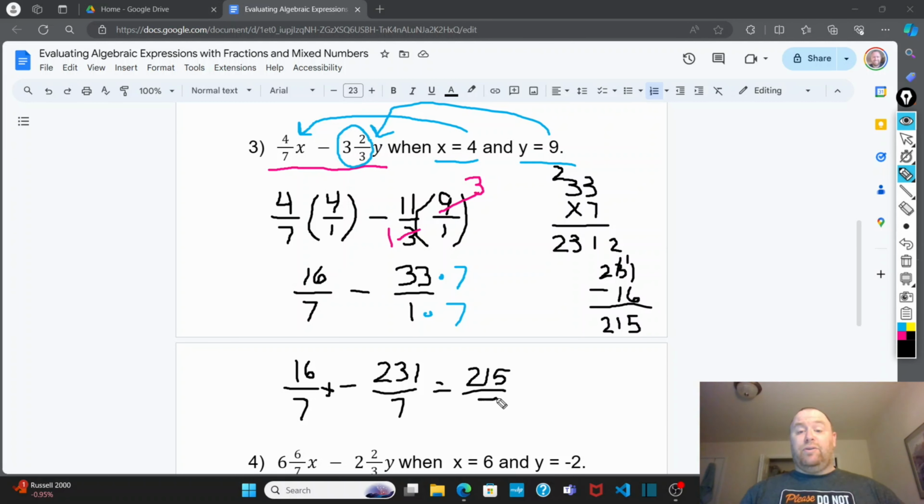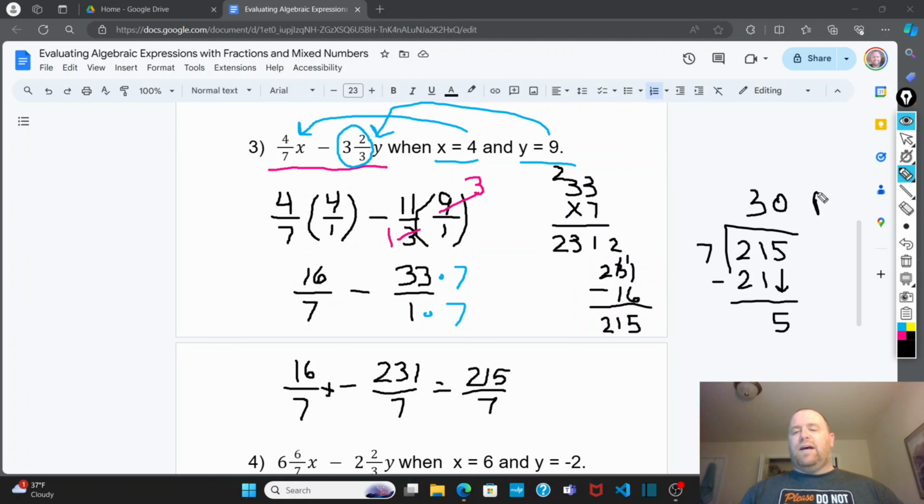And let's make this into a mixed number. So we're going to take 215 over here and divide by 7. So 7 goes into 21 3 times. 7 times 3 is 21. So we subtract that, we get 0, but we can bring down the 5. 7 goes into 5 0 times, and we have a remainder of 5.